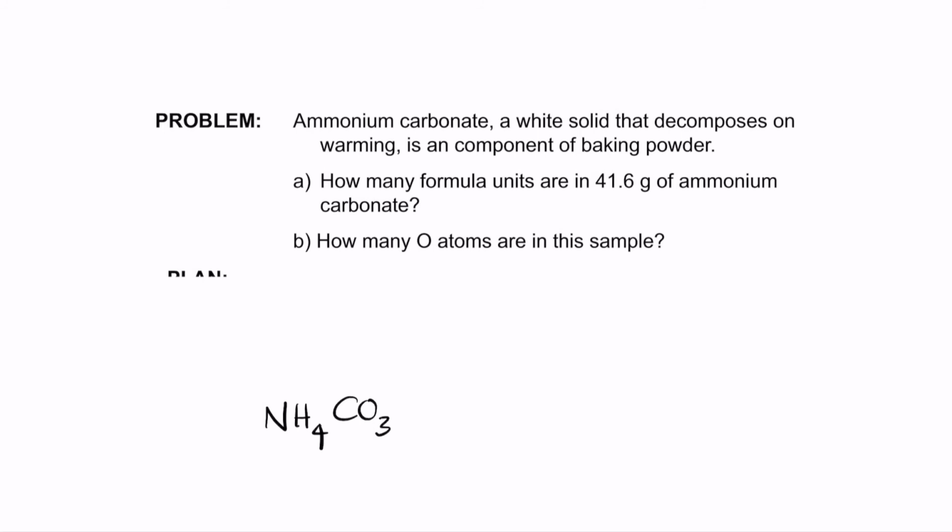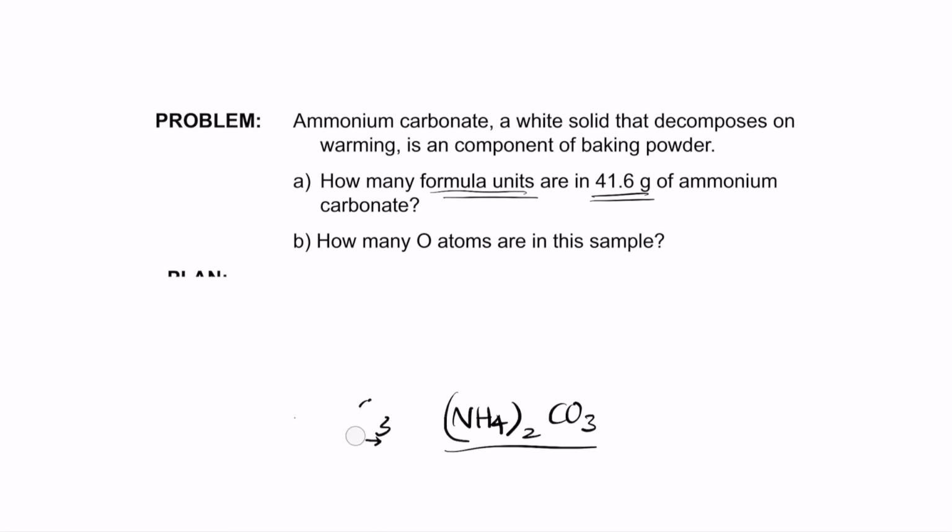So the charges: NH4 is plus, CO3 is 2 minus. Shift the charges in the opposite direction, so you have NH4 taken twice with CO3. When you want to calculate, the first one is the number of formula units of ammonium carbonate, so that you can directly calculate from the mass just by the last method.